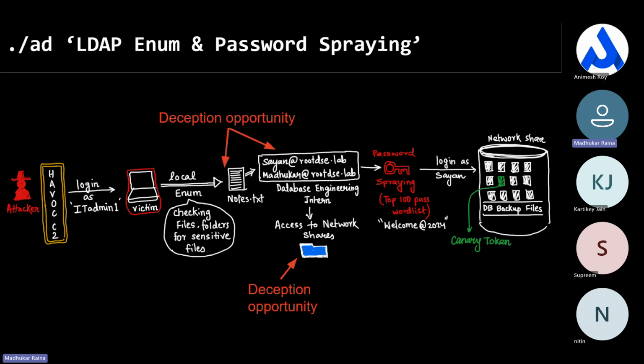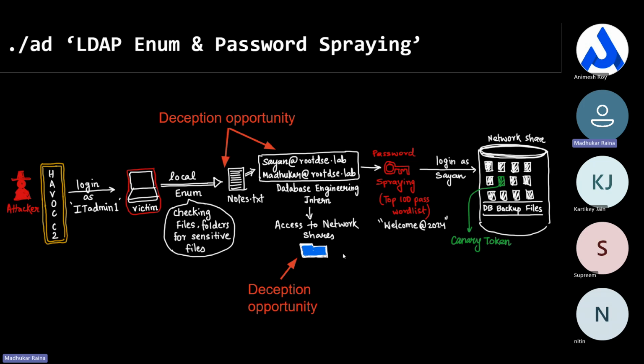In the desktop folder we found some folders which had some files taken by the IT administrator. These were notes.txt. Inside that we found that there were two new interns joining the team, and those interns had access to some network shares.